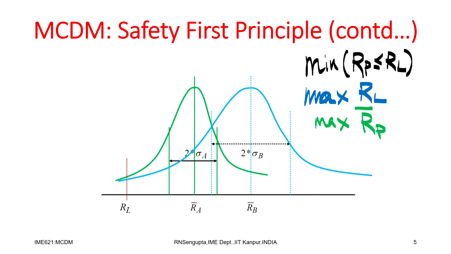So, RP bar for both the cases if I denote, and max of RL if I denote. For the max of RL case, what will happen is this RL will be shifted onto the right, the distributions being same, which means the areas would be calculated accordingly. If I go to the max of RP bar for these two distributions, for A it will be shifted, similarly for B it will be shifted. RL remains there. So, there is no change in the RL for the third principle.